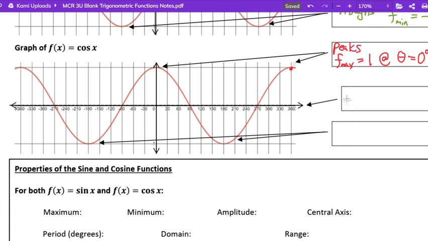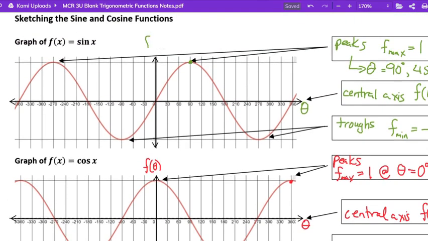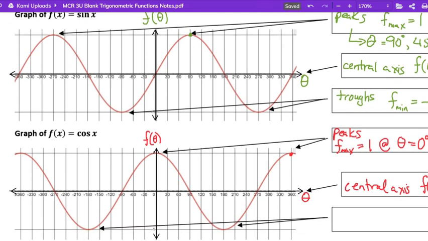Okay. Here we've got the central axis. And for the cosine curve, the central axis also happens when f of theta equals 0. So we're talking about the y value. You can say equals y. This axis here is called f of theta. This axis is called theta. So the new thing here is that we've got different labels for our axes.